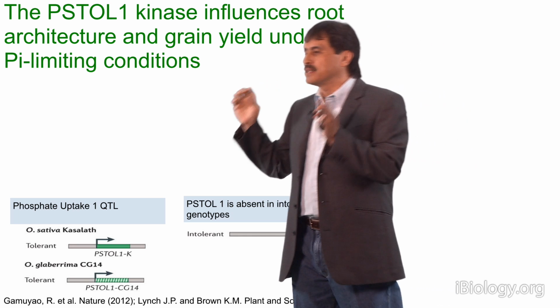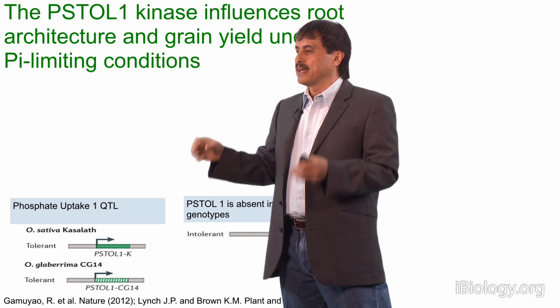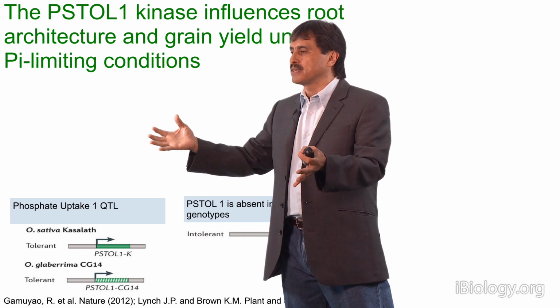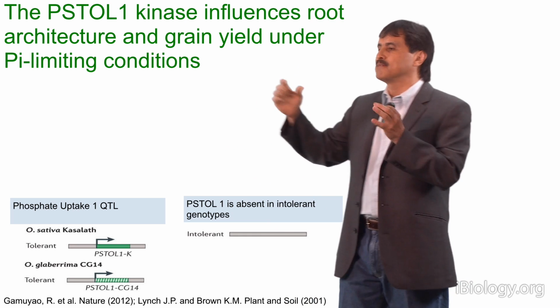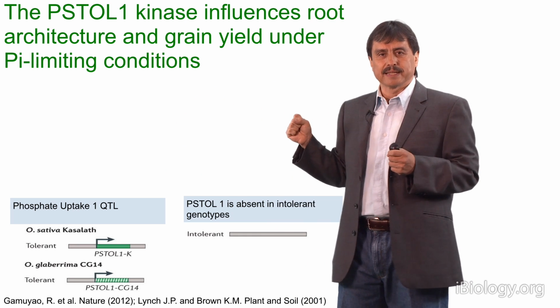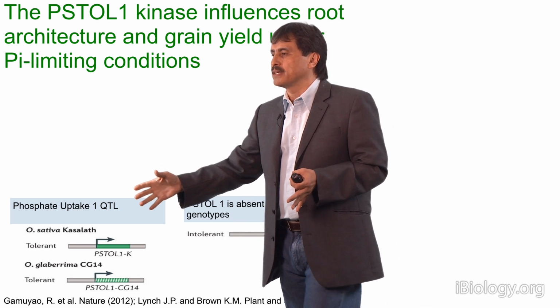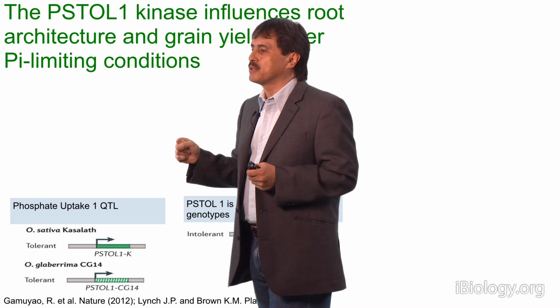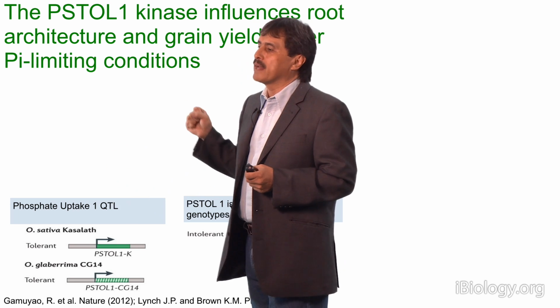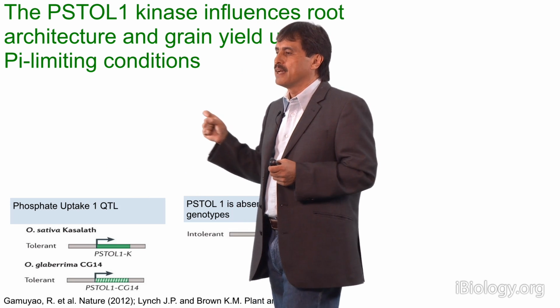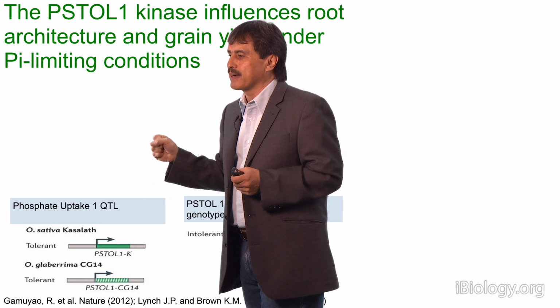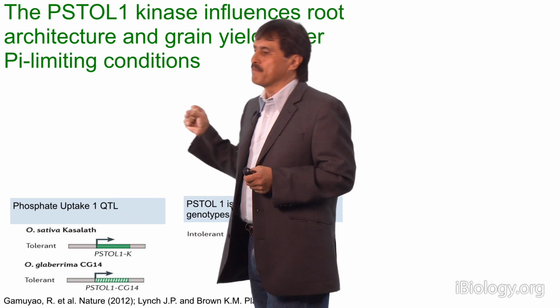QTLs are quantitative traits that contribute to a certain characteristic of a plant, and that can be mapped through crosses in different plants. So in rice, people have studied this particular QTL, which was found in wild species of rice, such as Oryza sativa casalat and Oryza glaberrima.